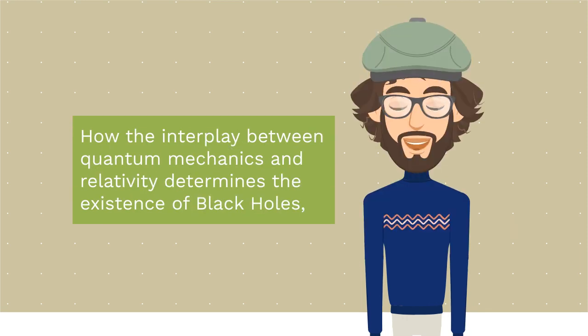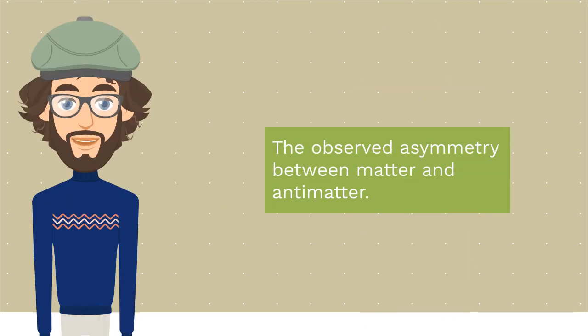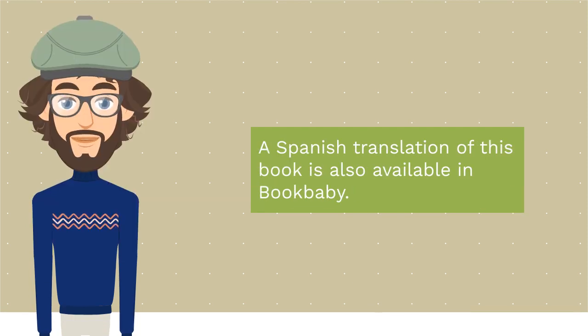How the interplay between quantum mechanics and relativity determines the existence of black holes. The observed asymmetry between matter and antimatter. A Spanish translation of this book is also available in BookBaby.